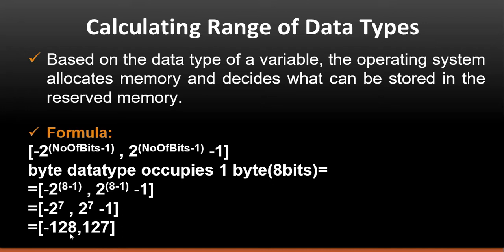That is -128 to +127. So if I'm using byte data type, I can assign any value in between this range. If I'm exceeding this range, then I'm going to get error. This way you can calculate range of a data type. You don't have to remember the range, you can remember only the bytes it occupies in memory.